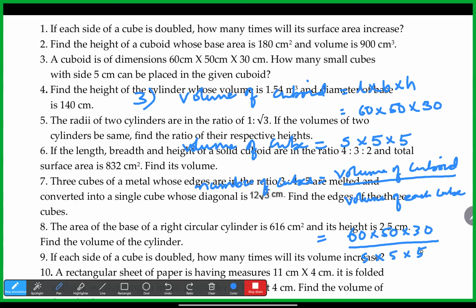Everything will be cancelled out. We get 5 into 12 into 10 into 6, so 720. 720 cubes we can fill in that.